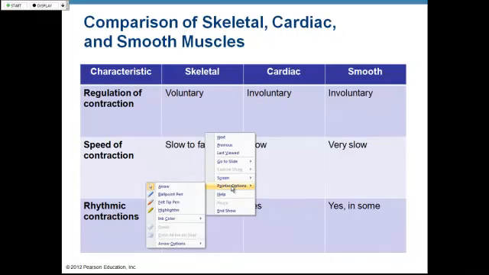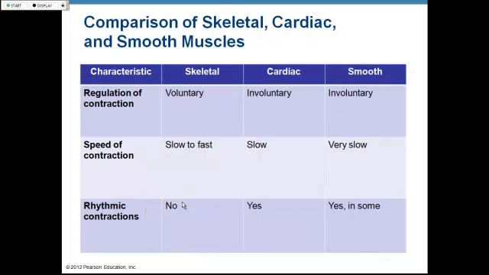Up here, voluntary, striated. Skeletal muscle is voluntary control, and its appearance is striated. The cardiac muscle is an involuntary control, and it is striated.